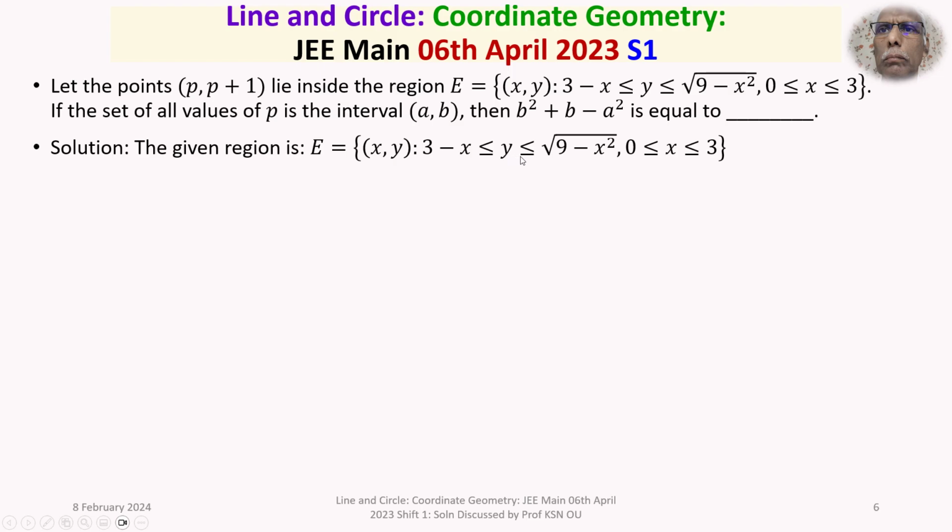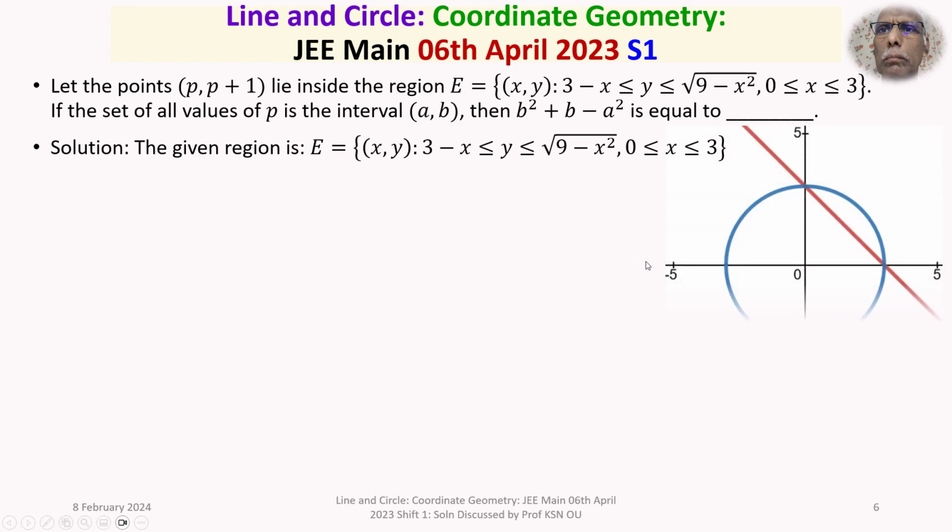And y less than or equal to the square root of 9 minus x square is the interior of the circle y square equal to 9 minus x square. What is the region E? The common portion that is above this line and inside this circle is the region E, where 0 less than or equal to x less than or equal to 3.